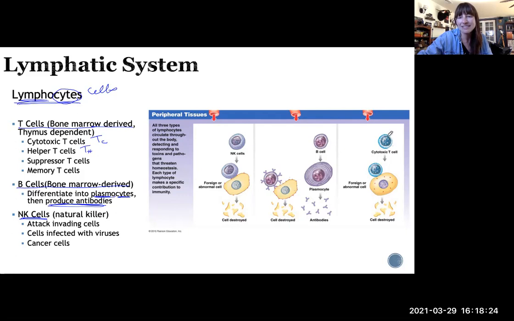And then your T cells can become cytotoxic T cells, for example. This is just one example of T cells, which also can recognize a foreign or abnormal cell and trigger apoptosis or destroy it in some other way. Okay, so we've got your natural killers, your B cells, and your T cells.